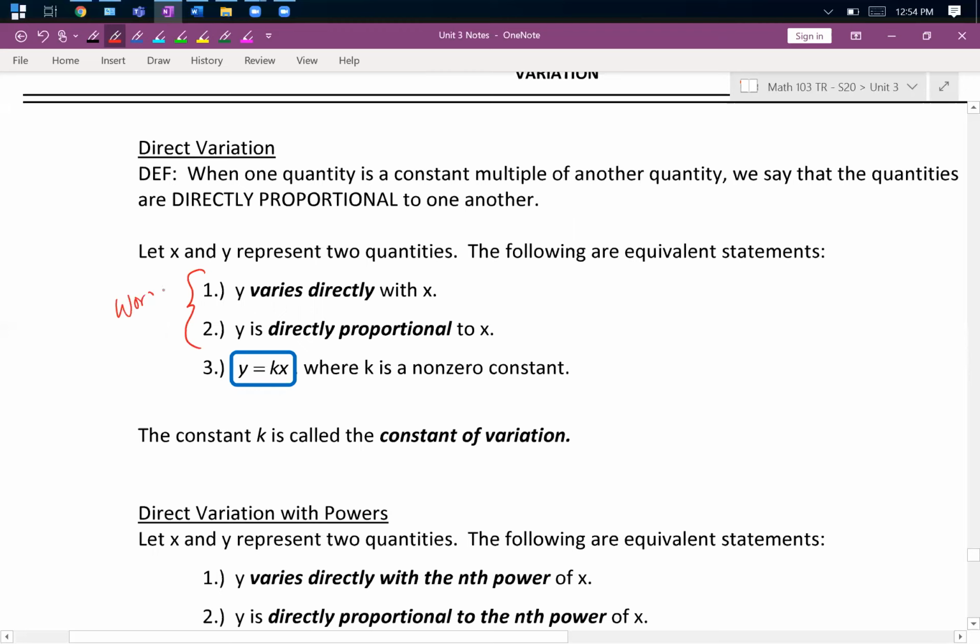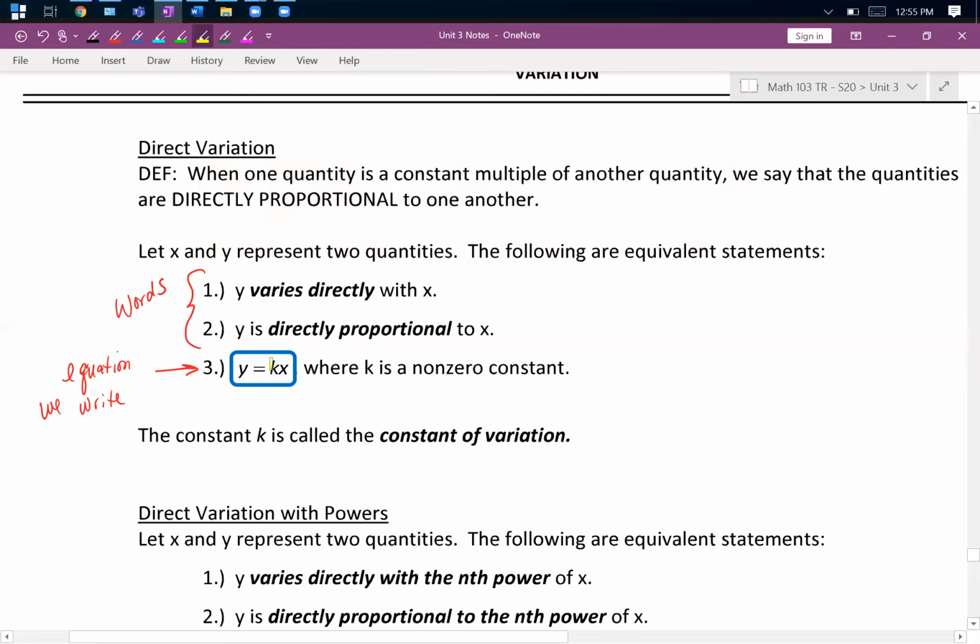So these are the kinds of words that we're going to see in a problem. It's going to tell us, this variable varies directly with that variable, or this variable is directly proportional to that variable. Those are the words that we're going to see. As a result of those words, this is the equation we are going to write. With all these variation problems, k is always going to be present.